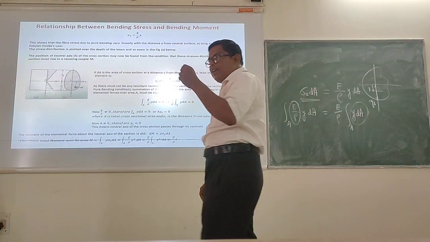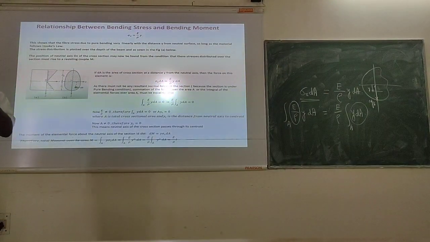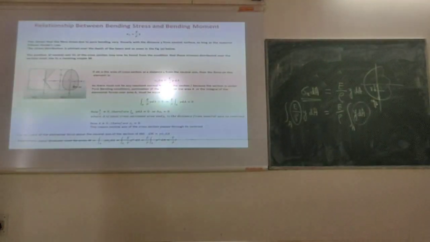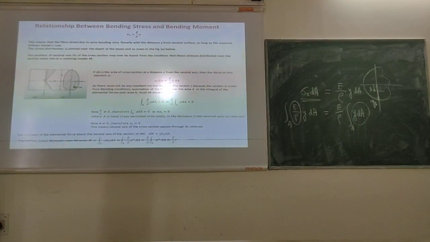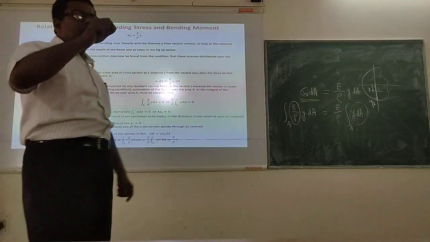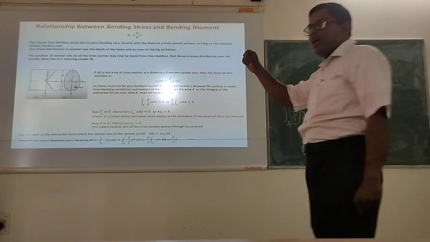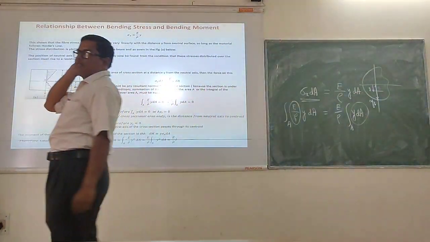So basically here the point you should understand, in pure bending theory, where we are understanding about bending stress, the position of the neutral axis will be always passing through the centroidal axis. This is the proof of it. So yc becomes 0 means what? Yc becomes 0 means the location of the neutral axis must be at the position of the centroidal axis. Clear?